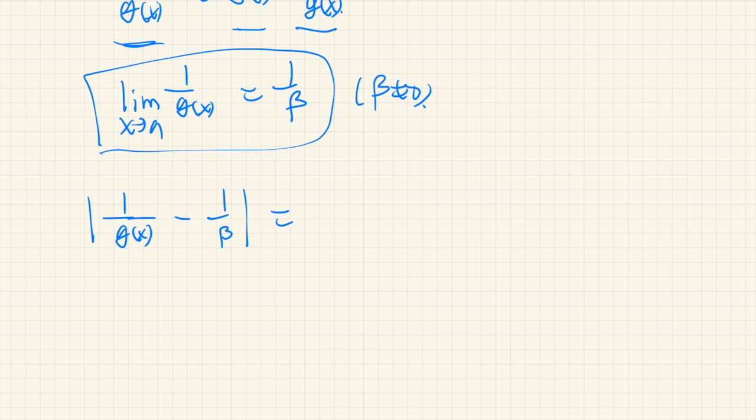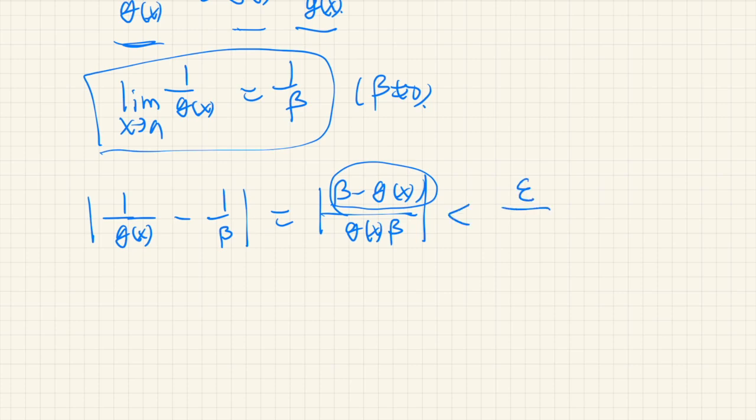So let's modify this a little bit. This becomes beta minus g of x over g of x times beta. And we already know that this numerator is less than epsilon. So this is less than epsilon over the absolute value of g of x times beta. But beta is a constant and g of x is not a constant, and we want to show that this is less than some constant.